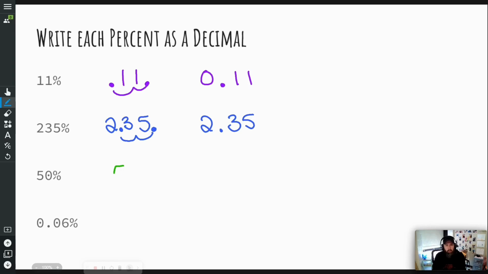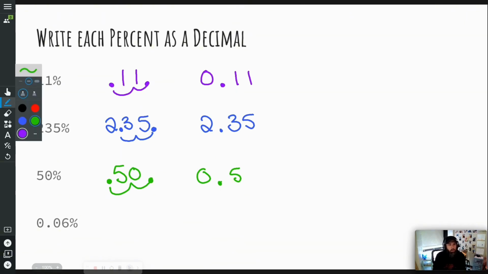Nothing crazy to worry about there. 50%. Let's write out 50 without the percent symbol. Put a decimal where a decimal should be. Go left 2, put a new decimal there. Write out 0.5. You don't need the 0. Put a 0 in front, and you have 5 tenths, which is a half. Makes sense. Now, last but not least, let's use a different color. We have 0.06 written without the percent symbol.